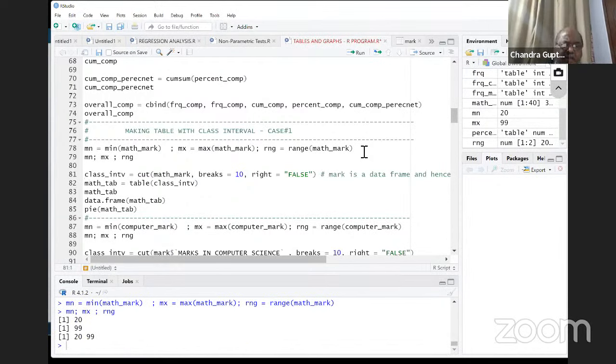Minimum is 20, maximum is 99, so range is 79. So if you make 10 categories, by and large it will take a class interval of 8. Then you can make a table according to the class interval.